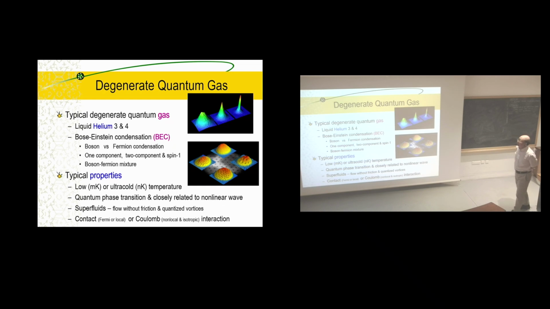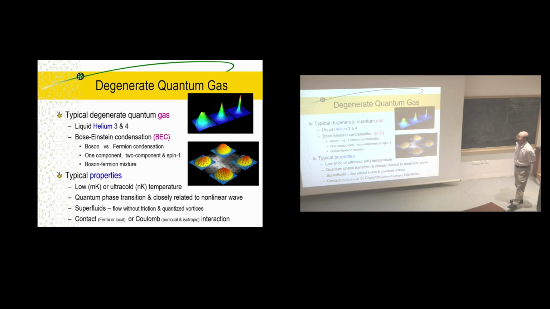We know there are typical quantum gases, including liquid helium 3 and 4, which you see a lot in this conference, and Bose-Einstein condensates, or BEC in short, including bosons or fermions, one component, two component or spinor systems, or even Bose-Fermi mixtures.